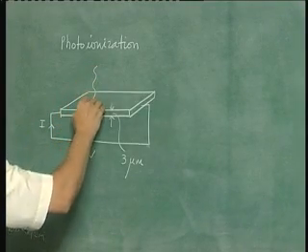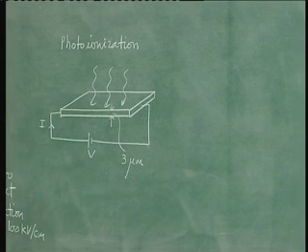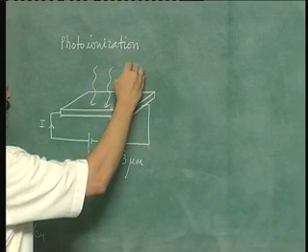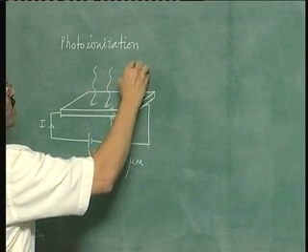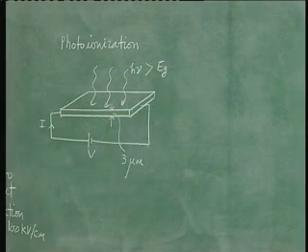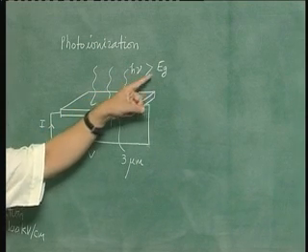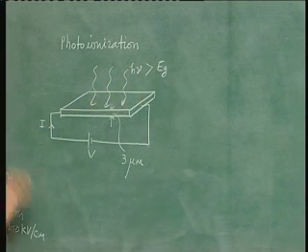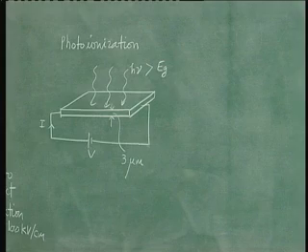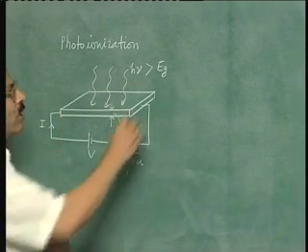If light is shone on this sample and the frequency of light is such that the h nu is greater than the energy gap of the sample, okay. So the frequency is greater than Eg by h, that is the condition. If this condition is satisfied, then what we will see is the following.